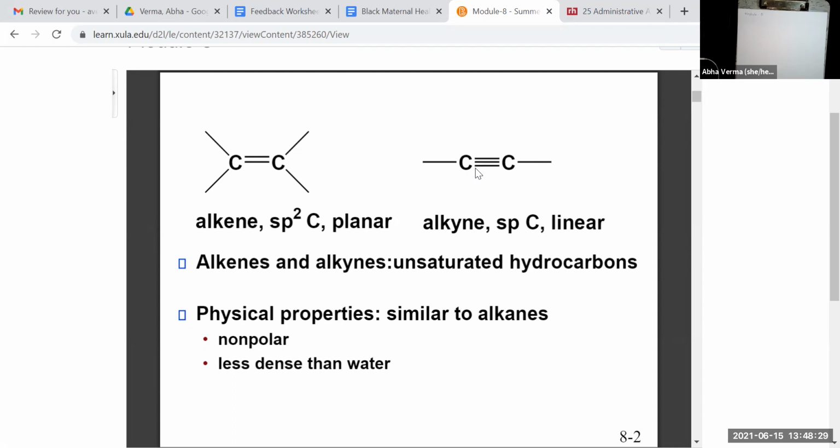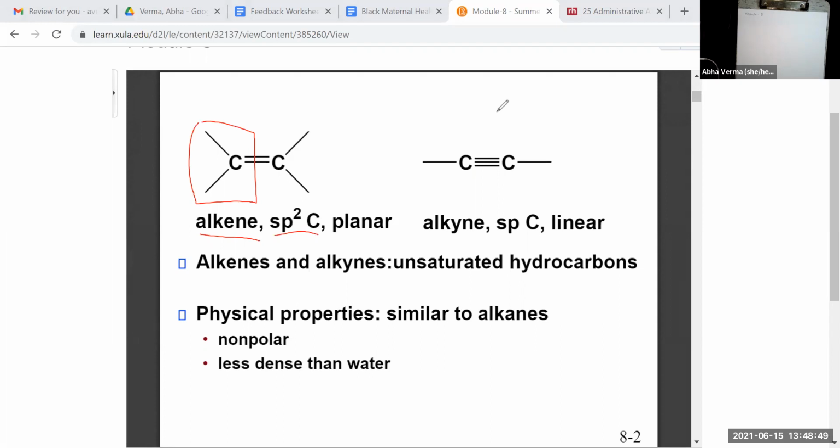to occur. Now, just like your alkanes, alkenes are also very typical hydrocarbons. They are flat. The alkene sp2 carbon is a flat planar geometrical structure.